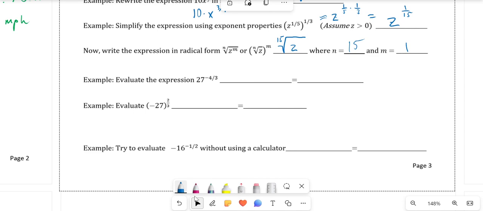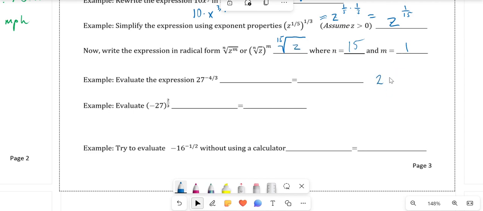Evaluate this expression. So now they've combined all of the weirdness together in one place. We've got a negative and we've got a fraction. So let's briefly recall what a negative exponent is.